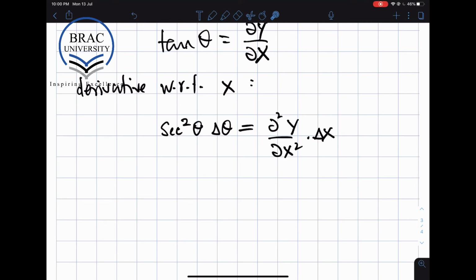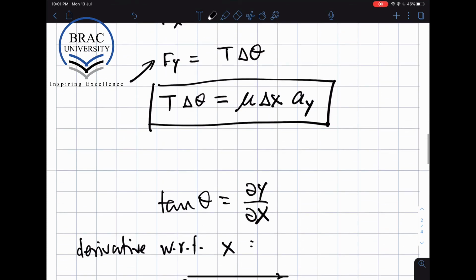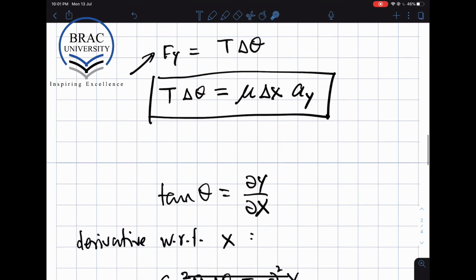Now I take this equation and I take theta to be small. Then sec squared of theta is just 1, and I get the partial squared y over partial x squared, times delta x. Now I use this to replace delta theta in our equation.